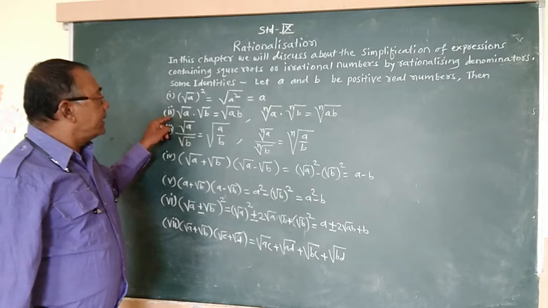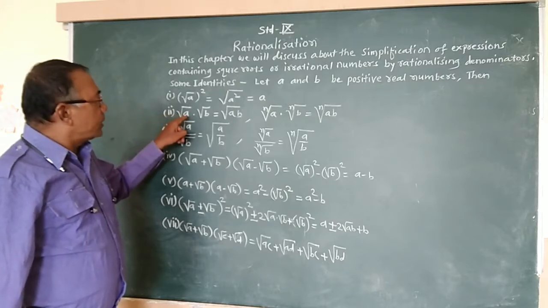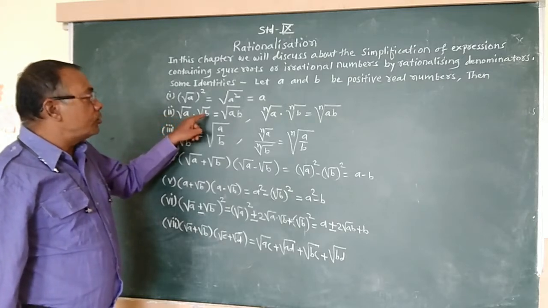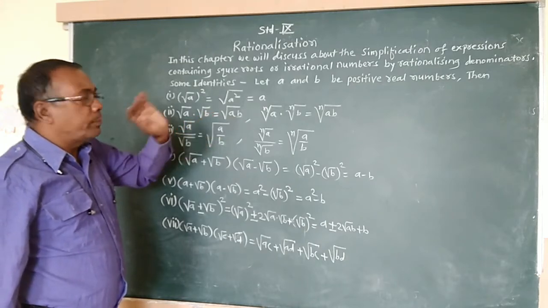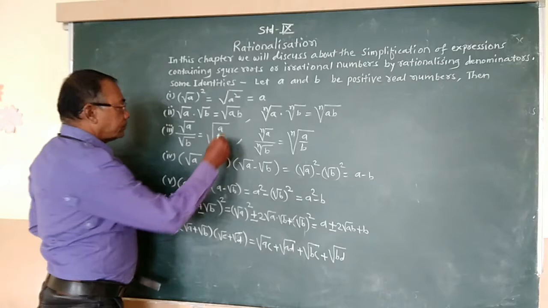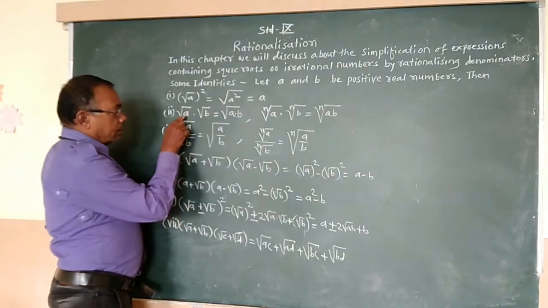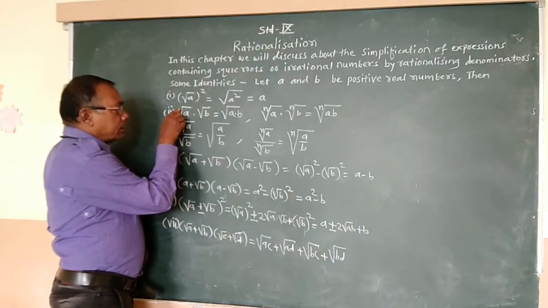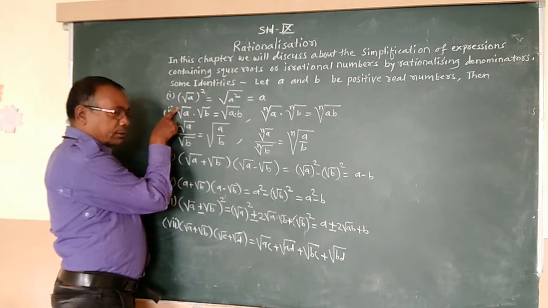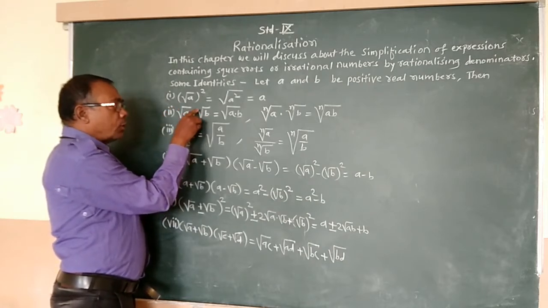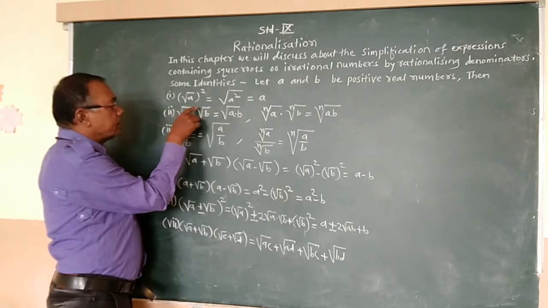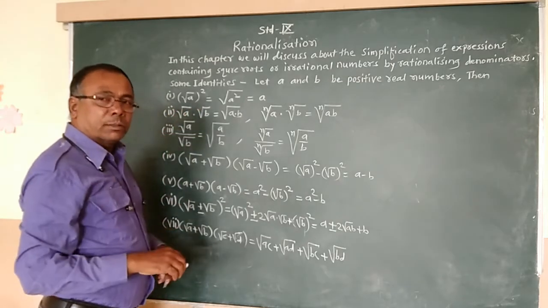The second identity is square root a into square root b is equal to square root of a into b. Here the order is not given, meaning the order is 2, and both terms have the same order.